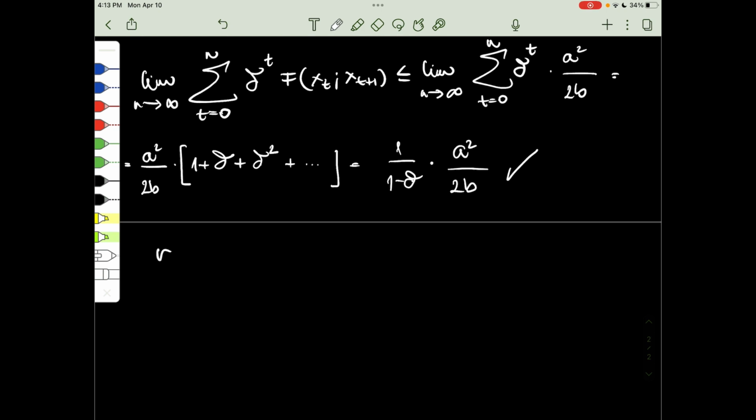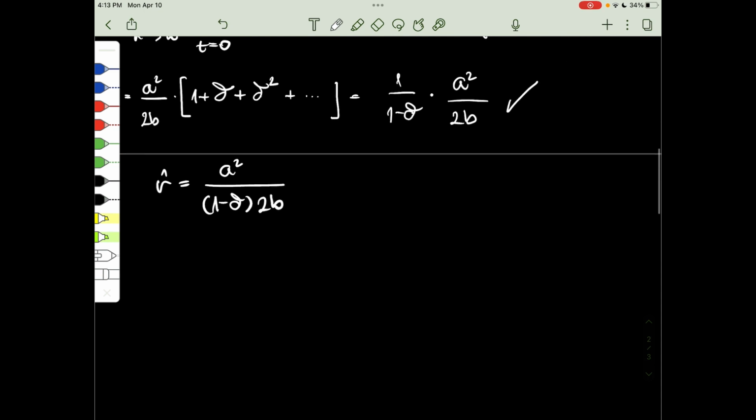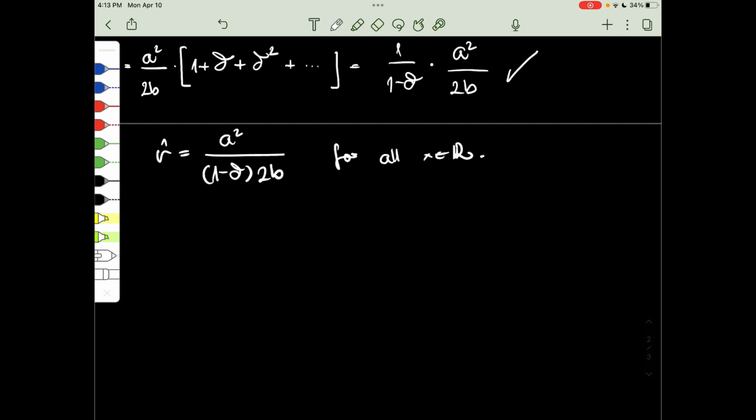And so we can say we have this upper bound. So at this point, from this value function, we can start the iteration with the usual Bellman operator.